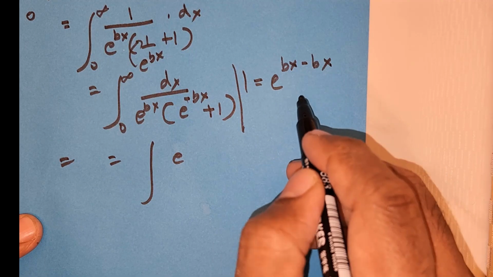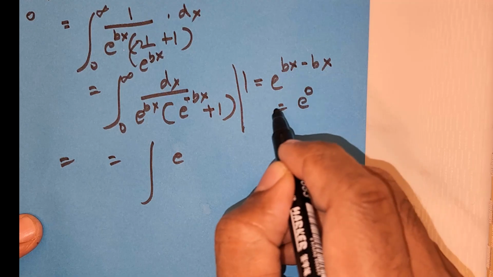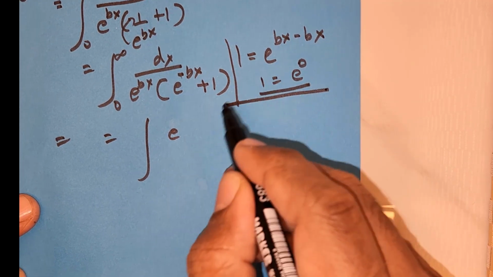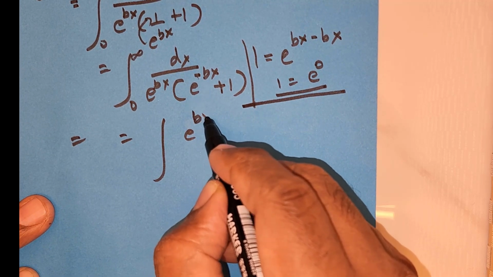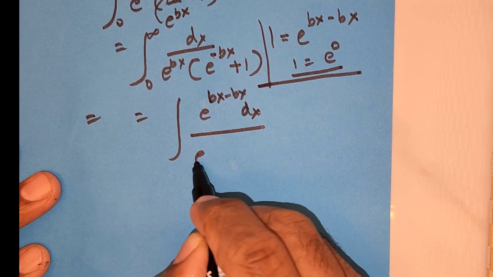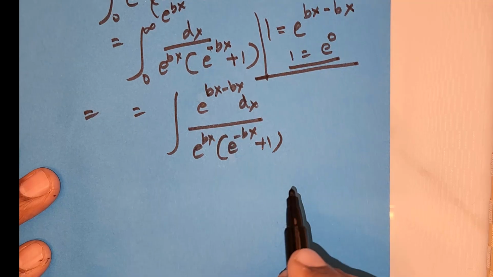Bx negative bx will get cancelled out, giving me e raised to the power of 0. E raised to the power of 0 is nothing but 1, right? Okay, so let me do that. This is e raised to the power of bx negative bx times dx divided by e raised to the power of bx times e raised to the power of negative bx positive 1.